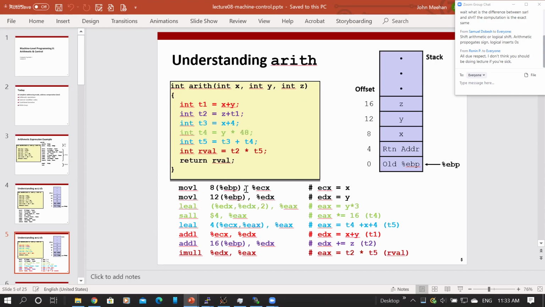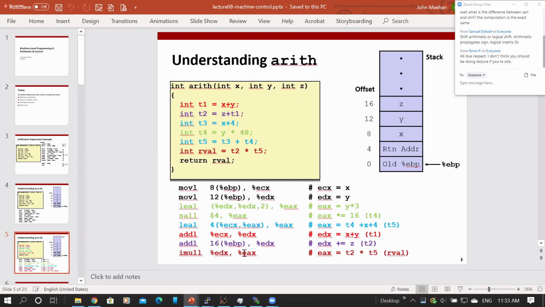Does that make sense? So then it wants to take this T2 and multiply it times T5, this thing I computed there. So that's sitting in EAX, right? So if I take the EDX and multiply it times EAX, I get that result there. And that's what I want to return, right? And the way you return something from a function is you dump it into the EAX register.